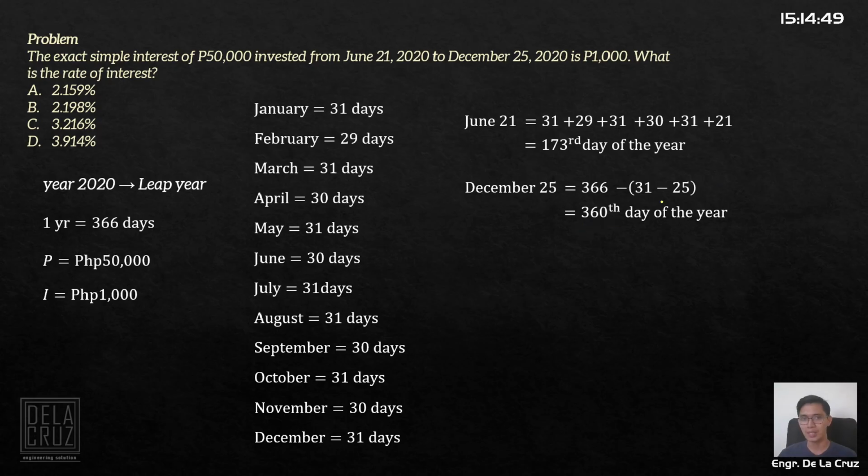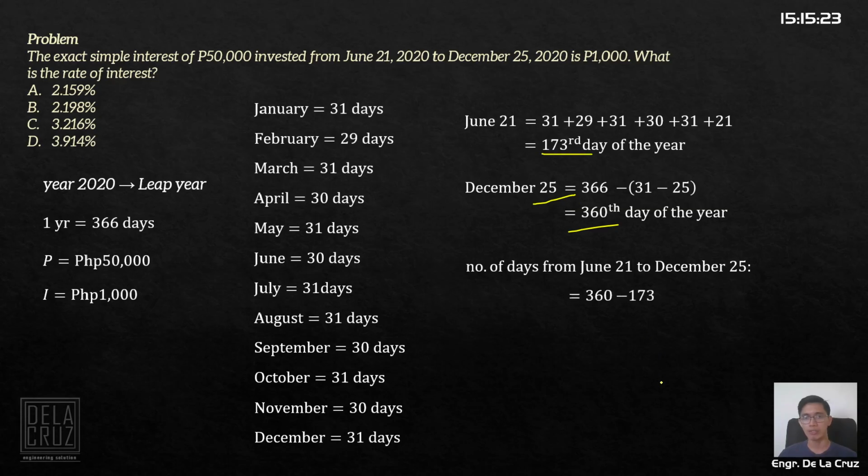I hope this is clear, no? Itong 31 minus 25, that's the difference of December 25 and December 31. So, 6 na araw yung kulang para maging isang buong taon siya. That means December 25 is the 360th day of the year. So, the number of days from June 21 to December 25, I will just subtract their day of the year. 360th yung December 25, 173rd for the June 21. So, the number of days is 187 days.